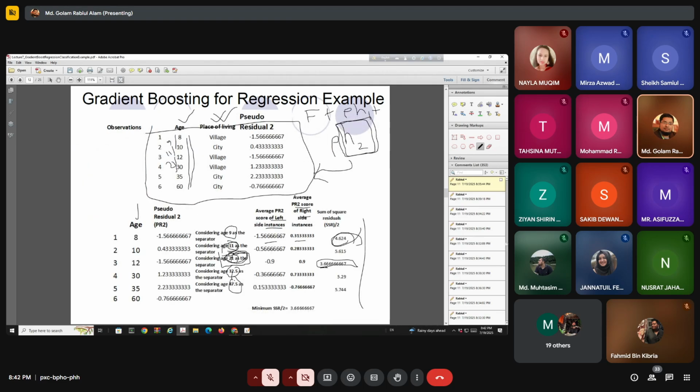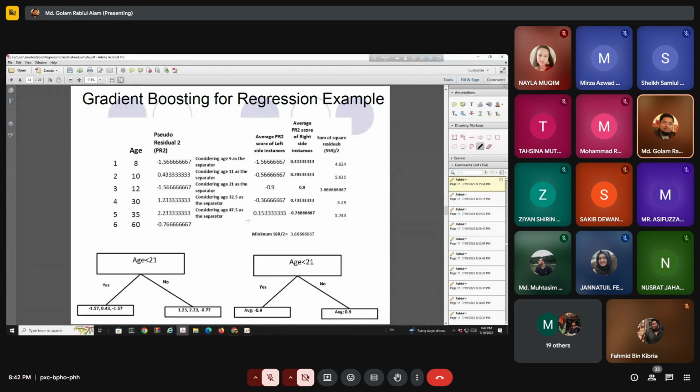For age 21, the left side instances average is negative 0.9 and the right side average is positive 0.9. So this is the left side average, this is the right side average, negative 0.9 and positive 0.9, for age less than or equal to 21. So this is our new regression tree, that is H2.